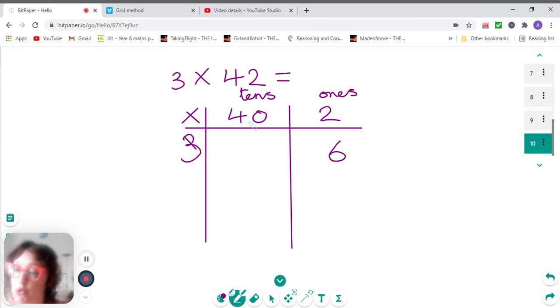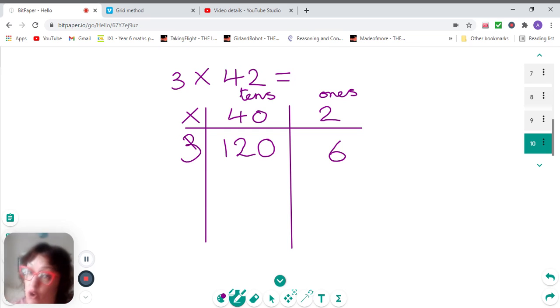3 times 40. Now I could, if I wanted to, count up in 40s, because I've been practicing a lot and I can do that now. But if you can't, that's okay. Just do 3 times 4, which is 12. And then because we know it's not 3 times 4, it's 3 times 40, we add on a 0 on the end.